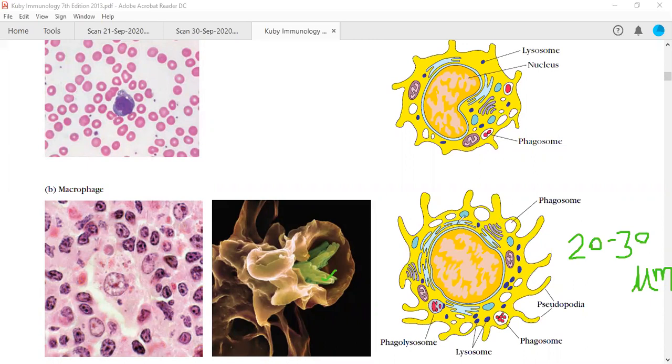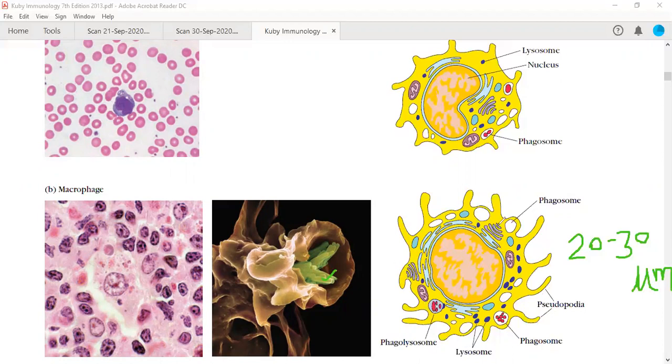The proteins are synthesized on the rough endoplasmic reticulum, and the protein will move to the Golgi body where they are glycosylated and processed so that they can be targeted either to lysosomes or to the membrane, or in some cases they can be secreted out of the cell, right? So they are called secretory proteins.